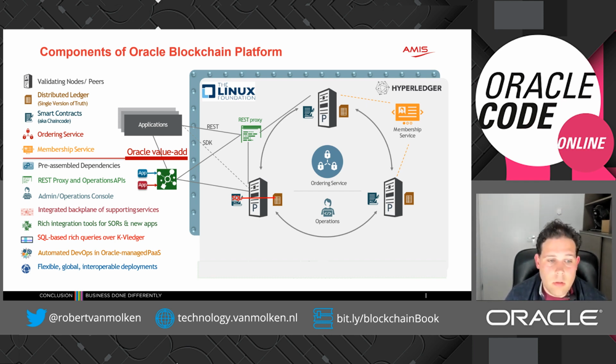It integrates very well with other SaaS applications and on-premises solutions based on connectors that Oracle provides. It can do rich integration by offloading ledger data to a data warehouse, and it also provides SQL-based rich queries in the ledger itself, in the key value ledger.